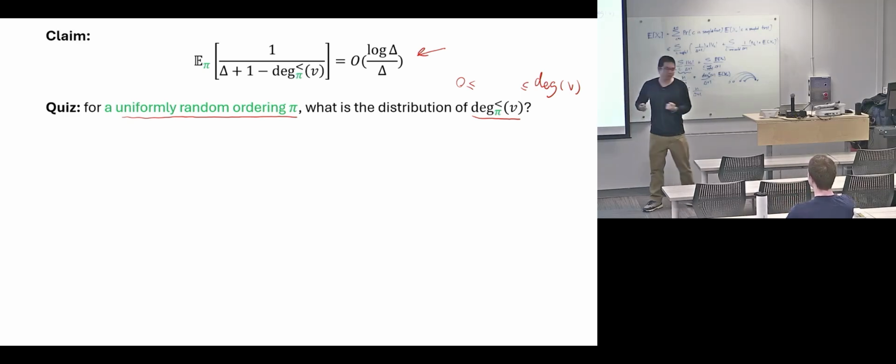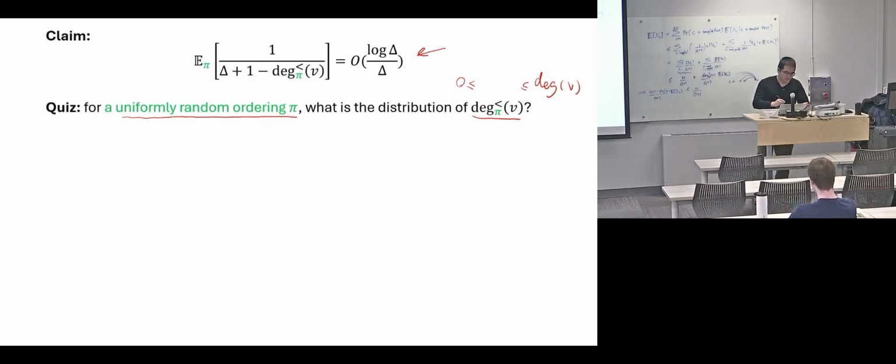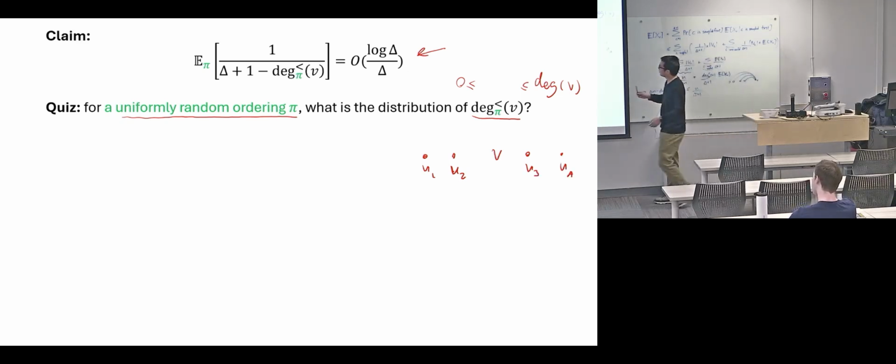Now you have v and all neighbors of v, let's say u1, u2, u3, u4. Let's say that v has 4 neighbors, and you do a random permutation.